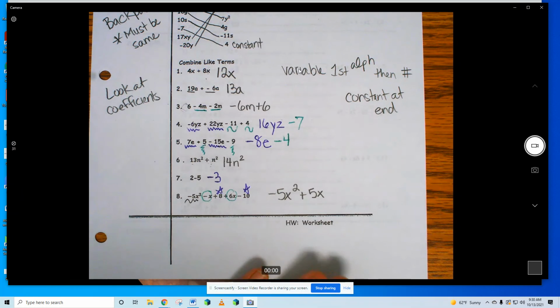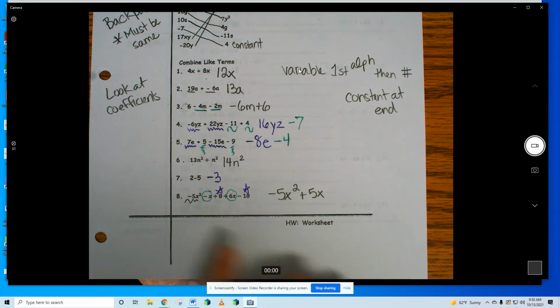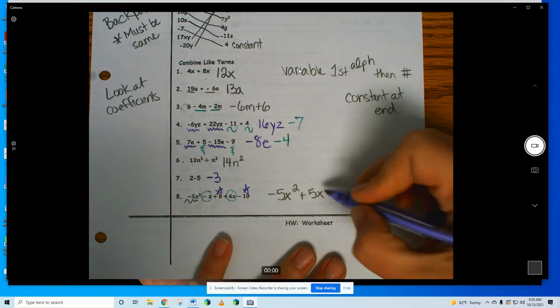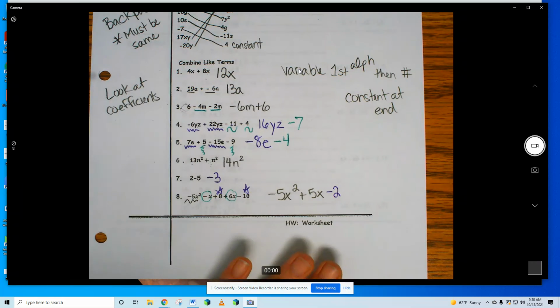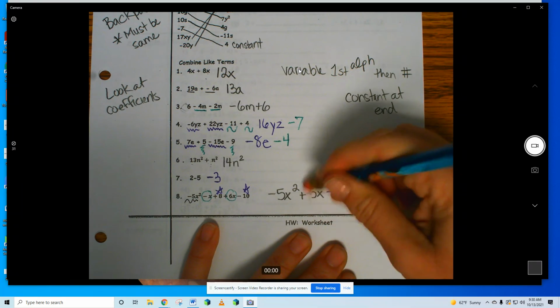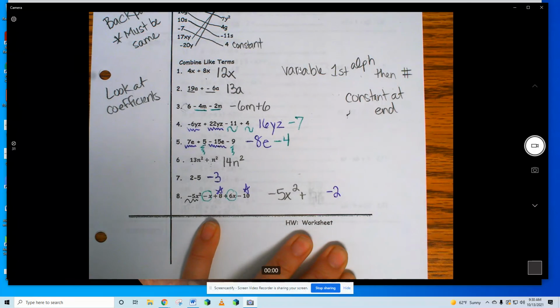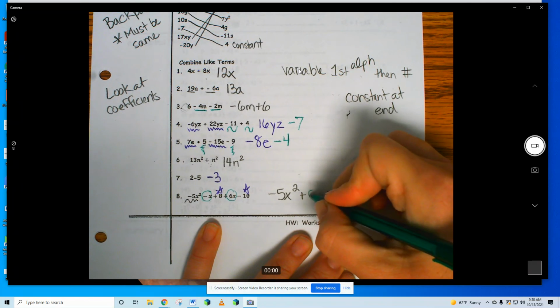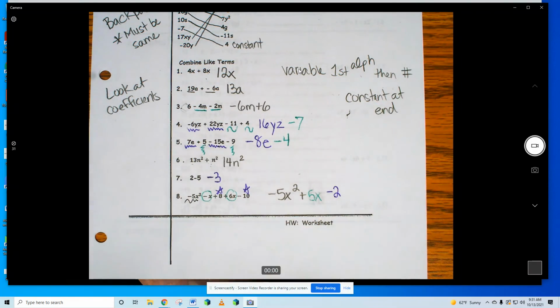X is positive 5x. My greens. Minus 2. And I'll even do it in colors. The last one. I'll do this in green. Okay.